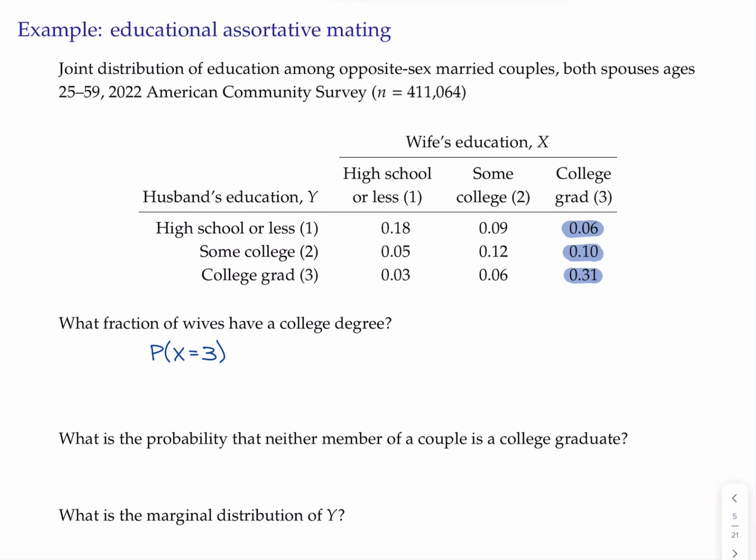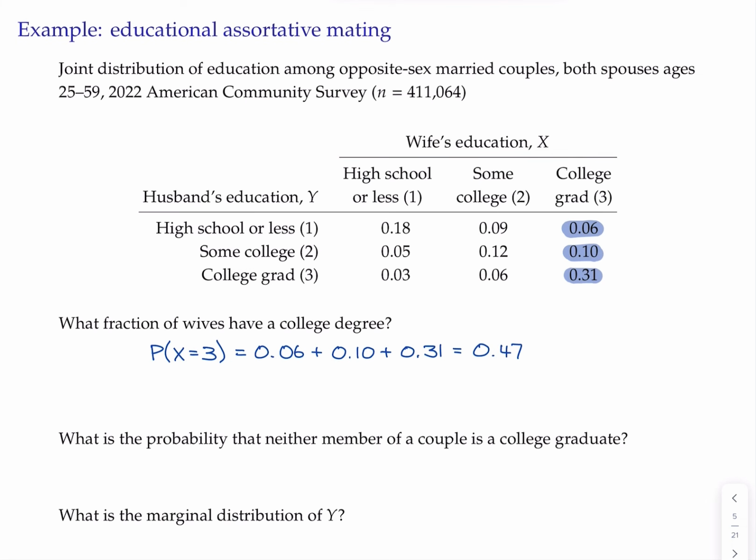And so what we really need to do is just add up these 3 values: 0.06, 0.10, 0.31 will give us 0.47 is the total. So this is the share of wives that have a college degree, or put differently, if you picked a couple at random, what's the probability that the wife would have a college degree?